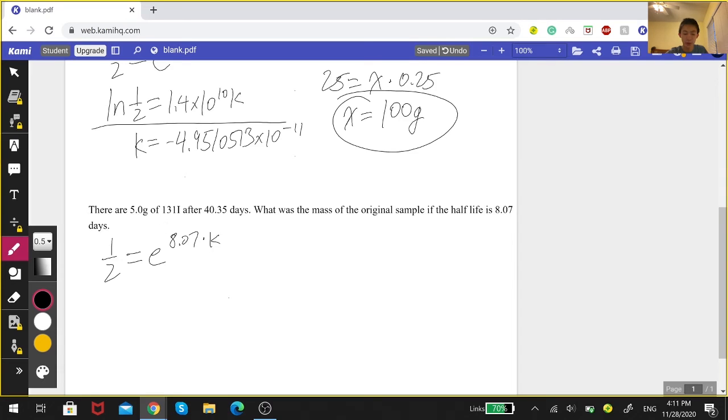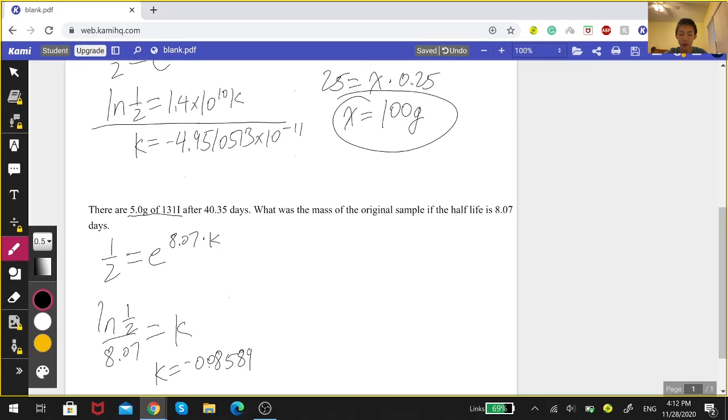So we can use this to find k, which is ln of 1/2 divided by 8.07 is equal to k. ln of 0.5 divided by 8.07 gives us k is equal to negative 0.08589.